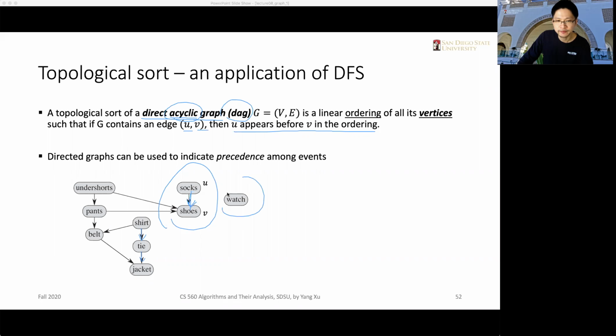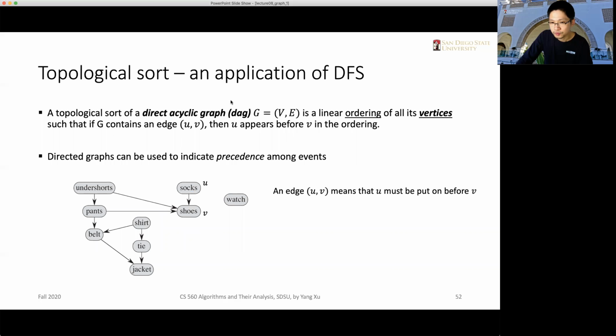The watch is an isolated vertex, which means I can put the watch anywhere. I can move the watch over here, over here. It doesn't interfere with other events. Such an edge from one vertex to the other means that U must occur before the vertex V.